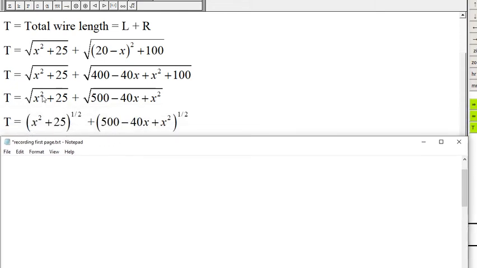And then let's rewrite this with rational exponents so we can do the derivative. So the square root is the same as exponent of 1/2, and square root here is the same as exponent of 1/2.